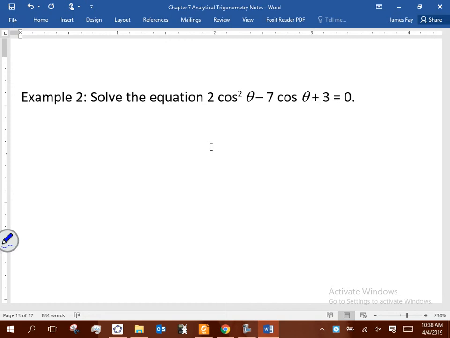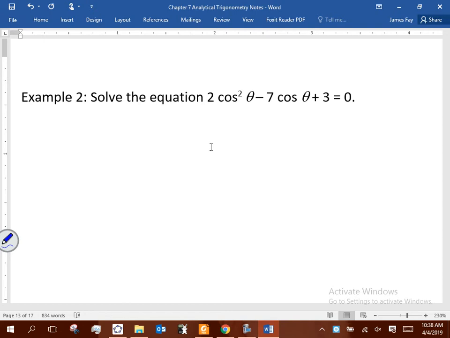Or they might have the first term to the 4th power, the second term squared, the last term a constant, okay? So we've got 3 terms. We've got a trinomial in which the first and second terms are related exponent-wise in a 2-to-1 relationship, okay? That's what we've got here, okay?